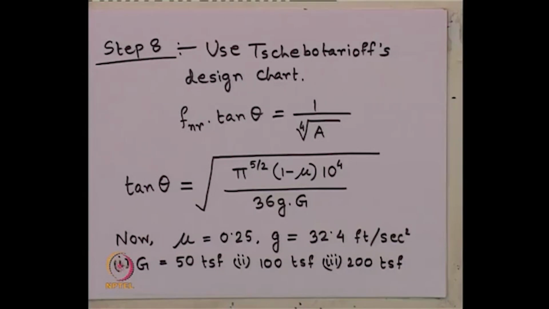These are the 3 G values of the soil given to us, that is, in 3 different soil conditions we have to design the foundation.